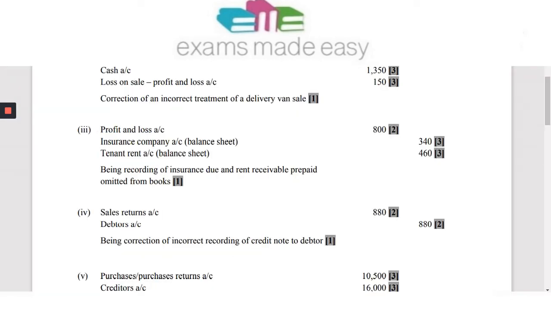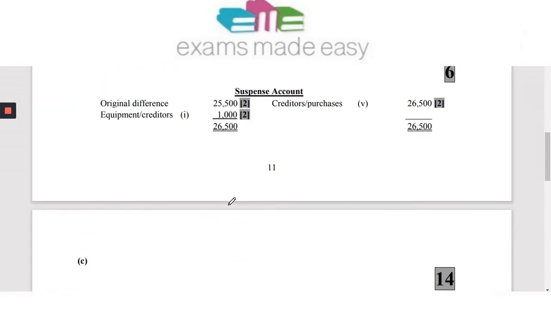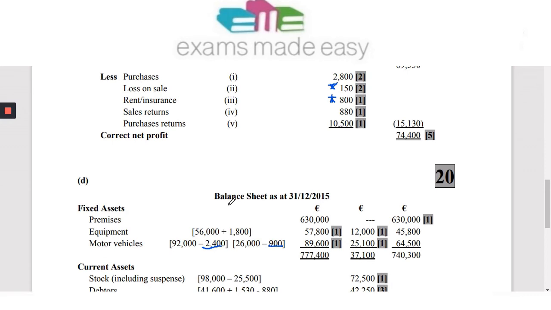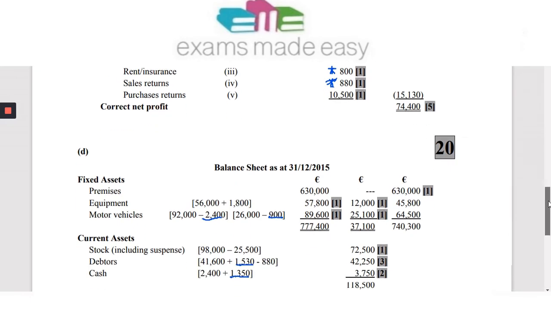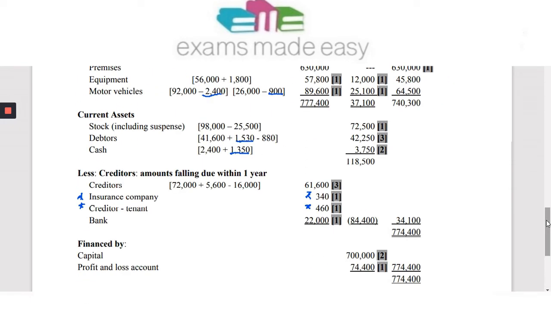If we look at the accounts, you'll see the sales returns of 880, which is here, and in the debtors, you can see a minus 880, which is here.